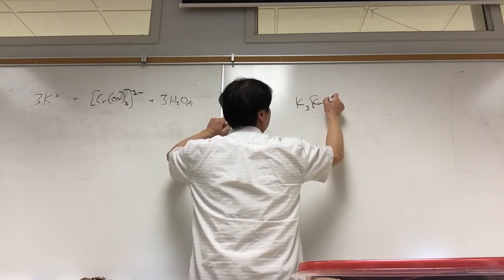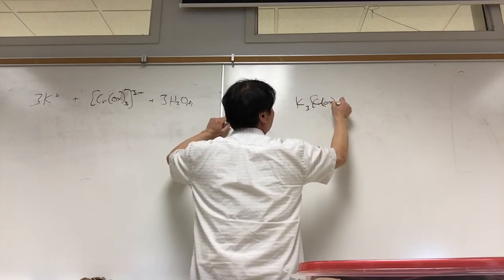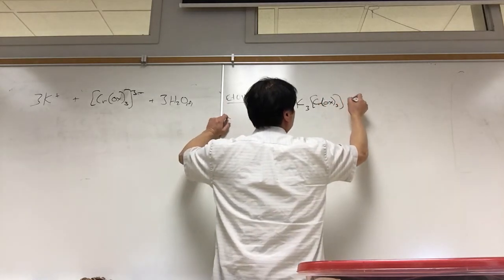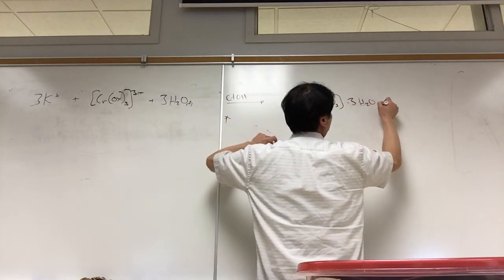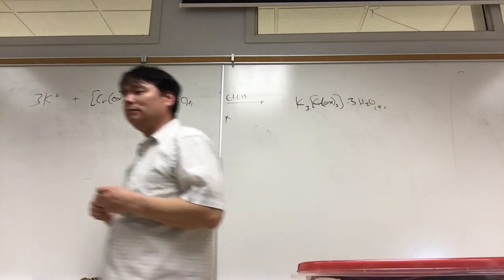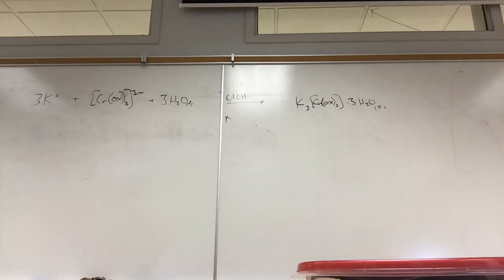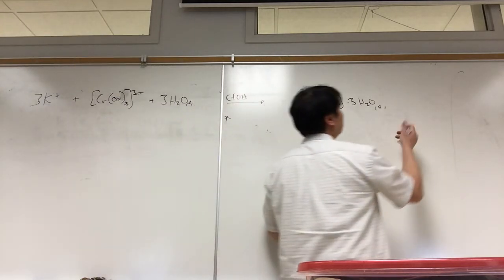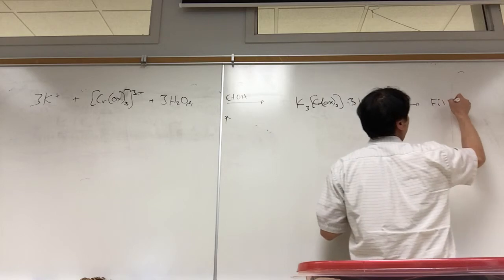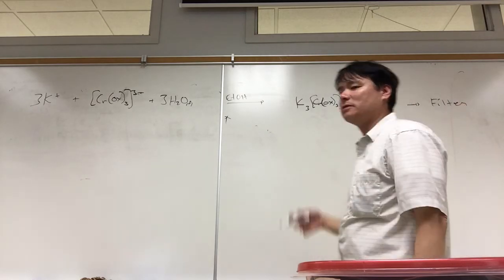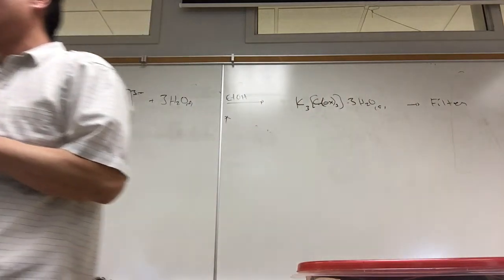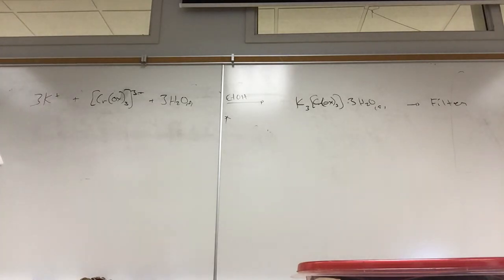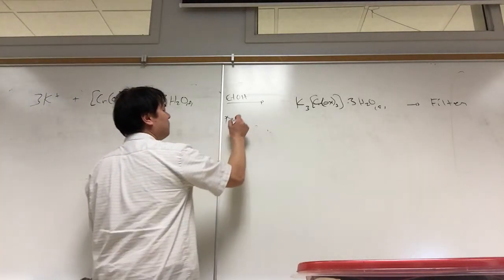This is a very tricky metathesis reaction in the sense that now all that other stuff should stay dissolved, like that excess oxalic acid. Then we're going to filter this, and then wash the crystals off, because we've got to wash any contamination off the surface of the crystals.